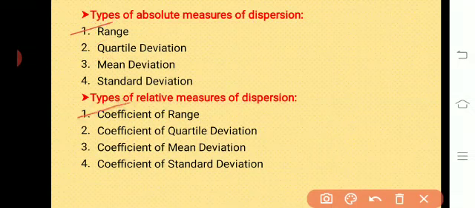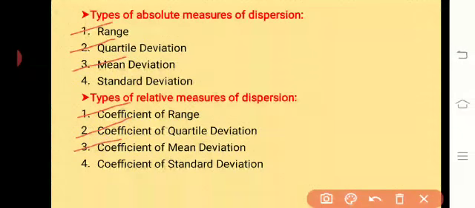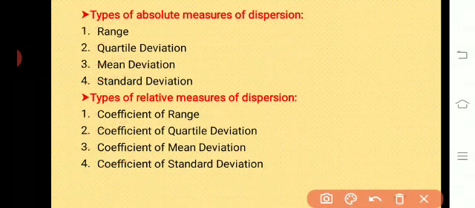Similarly, the absolute measure quartile deviation has the relative measure coefficient of quartile deviation. Like that, the absolute measure mean deviation has the relative measure coefficient of mean deviation. And the last, the absolute measure standard deviation has the relative measure coefficient of standard deviation. So these are 4 absolute and 4 relative measures of dispersion or variation.